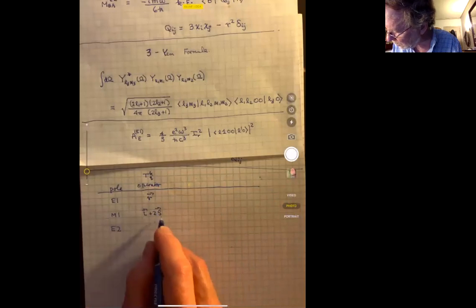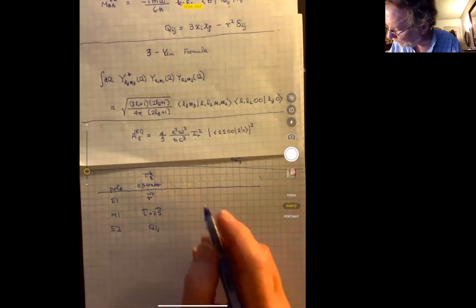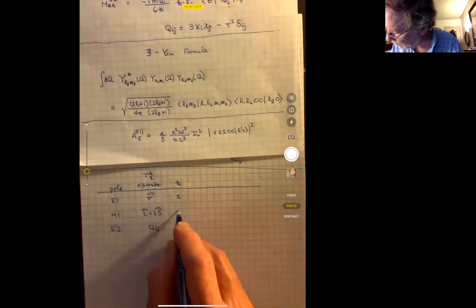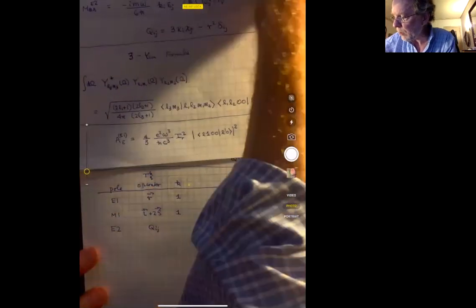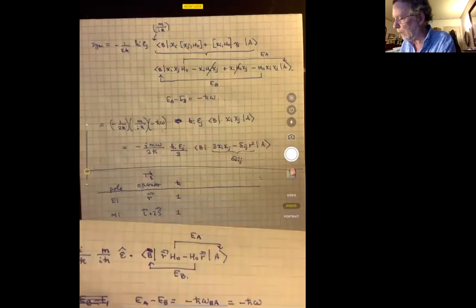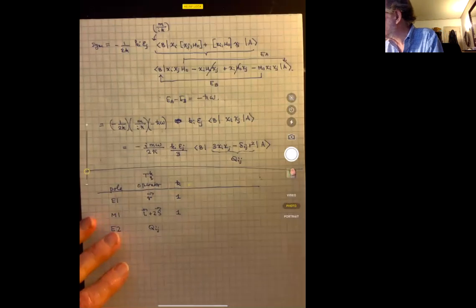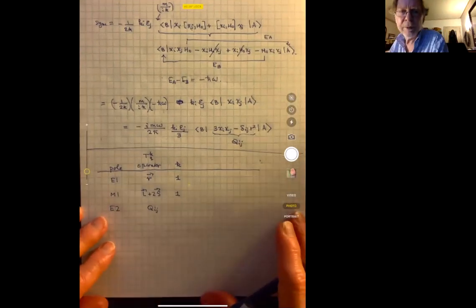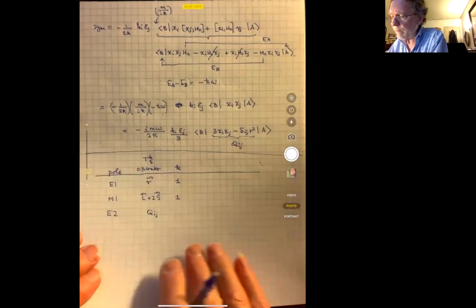Really, the magnetic moment is what it is. And for E2, it's the quadrupole moment operator, Q_ij. And these have K values, which is 1 for vector operators, because vector operators are always K = 1 irreducible tensor operators. Let me clear some of this out of the way, and move this up. In fact, let me rip it off and adjust it.